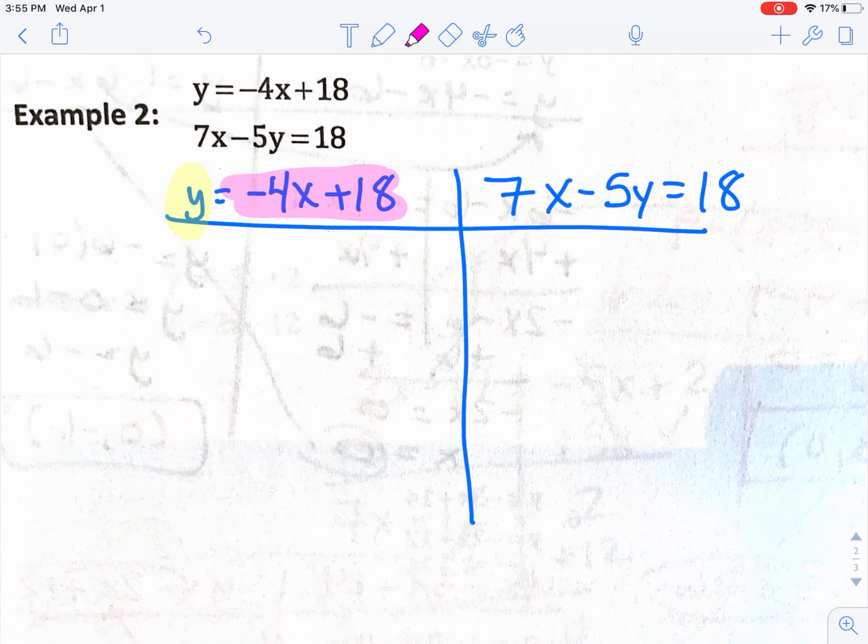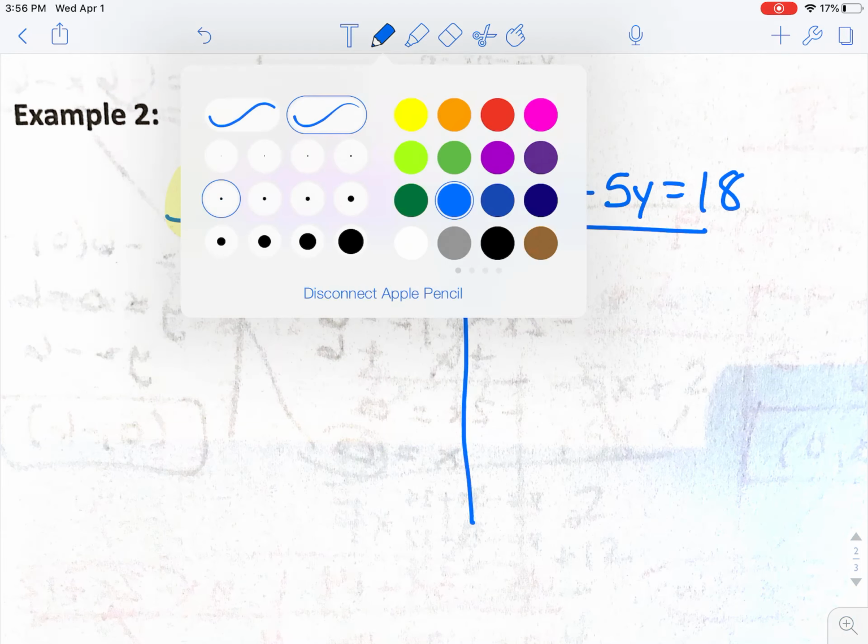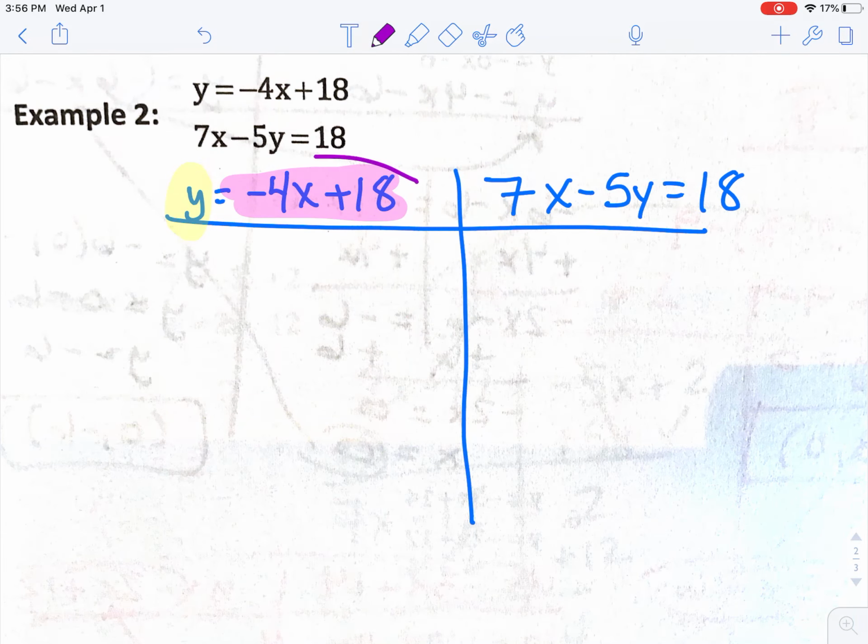And that's what I'm going to substitute into the other equation. So you don't always have to substitute from right to left or from left to right. It's just whichever one works. In this case, the y equals was over here on the left. So I'm going to substitute it in for the y over here.